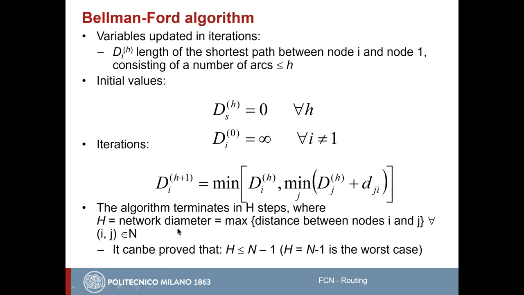This would be the network diameter, and it will be the maximum value reached by h when you are repeating the steps of this algorithm. This network diameter can be proved to be always less than or equal to n minus 1, where n is the number of nodes in the network. Why is this expression useful? Because it gives us an indication of the complexity of the algorithm. In the worst case, h would be equal to n minus 1.